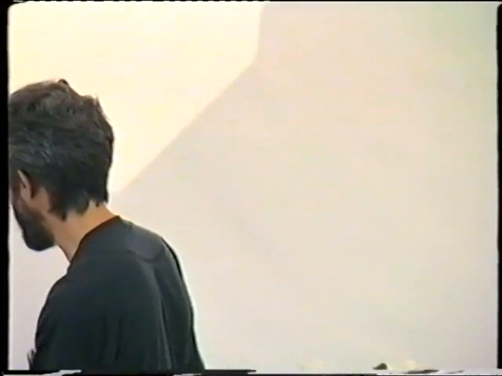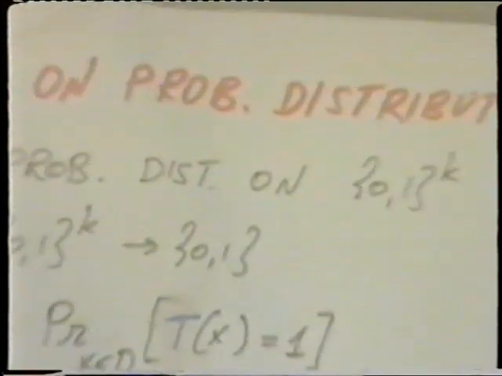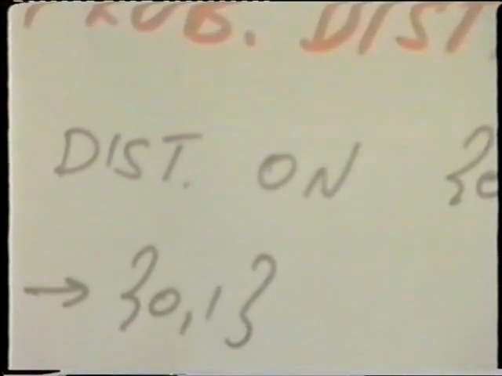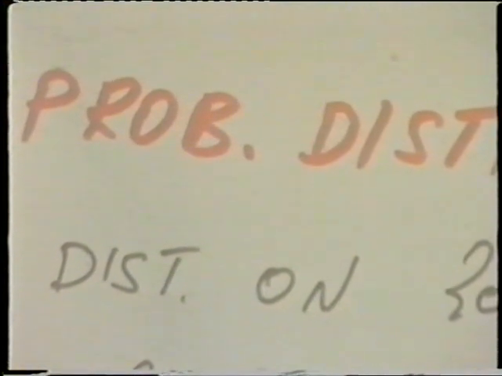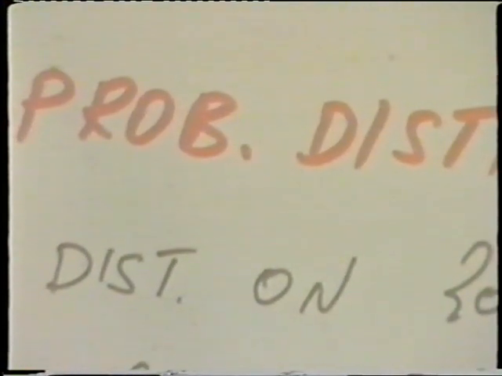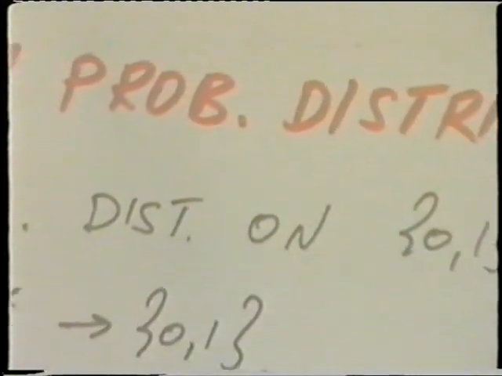This idea came into the definitions that are going to say what we mean when we say that a probability distribution is random. So let me make some definitions. We look at probability distributions over, let's say, binary strings of length k. Let me define what the test is. Sometimes it's called a statistical test. Of course, it's just a function.